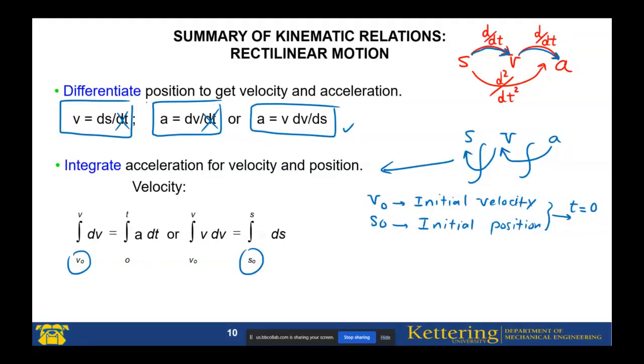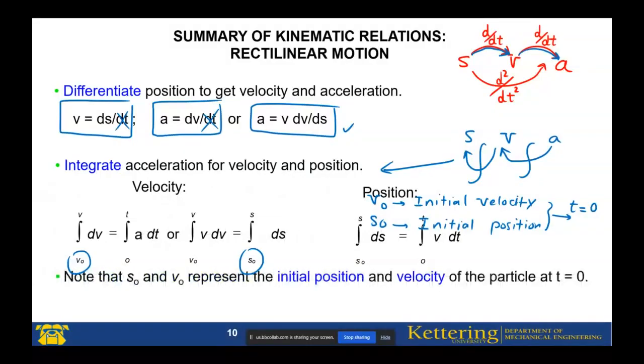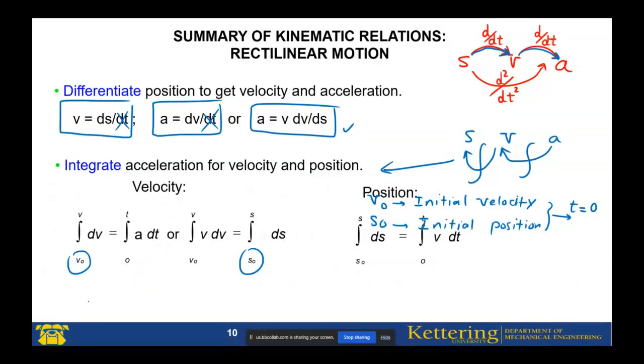For example, from this equation, V is equal to... acceleration is the derivative of velocity with respect to time. If I multiply this by this, a dt equal to dv.